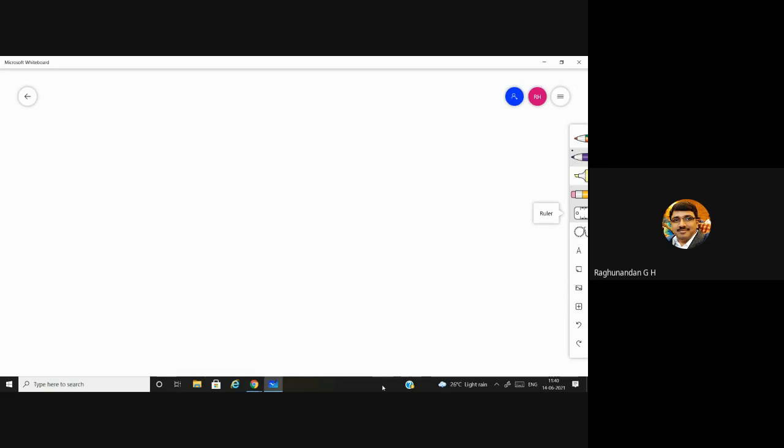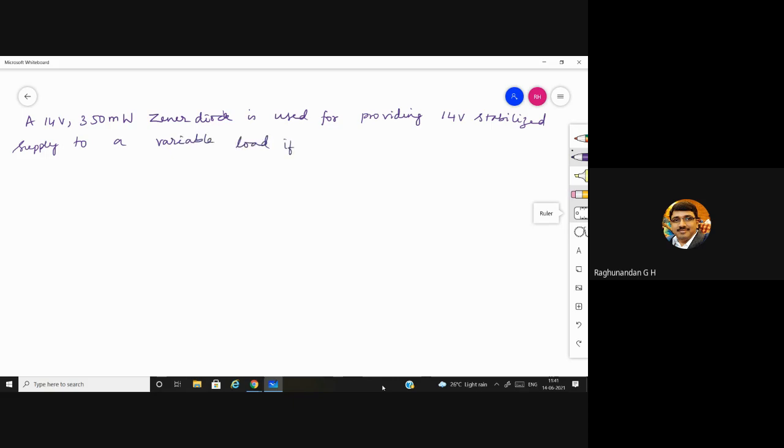Okay, next one. A 14 volt 350 milliwatt Zener diode is used for providing 14 volt stabilized supply to a variable load if input is 16 volt.